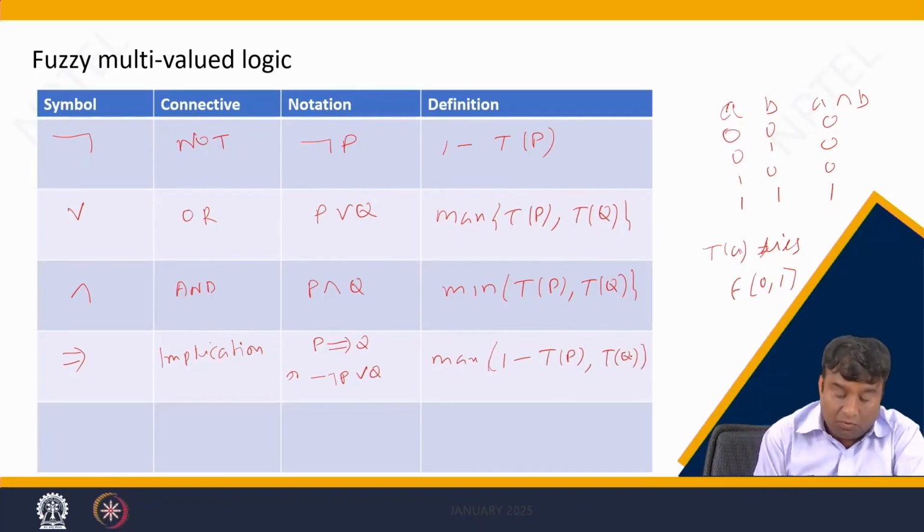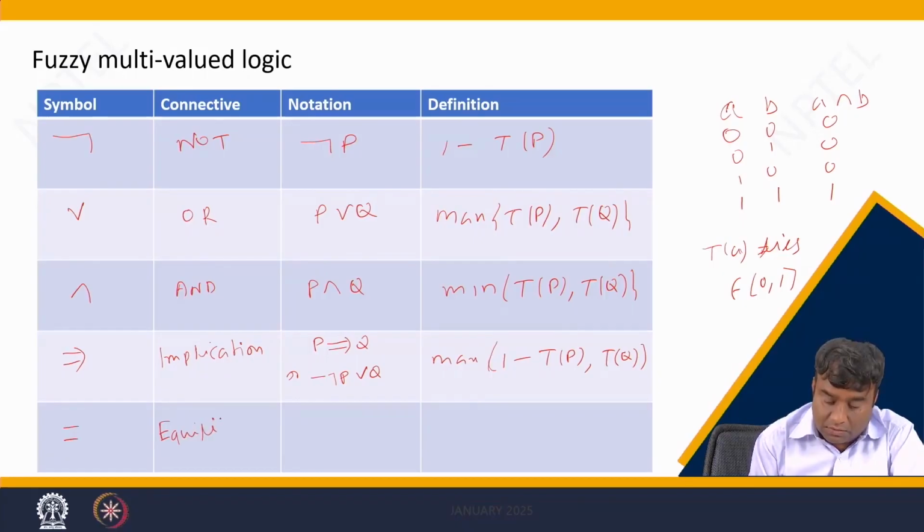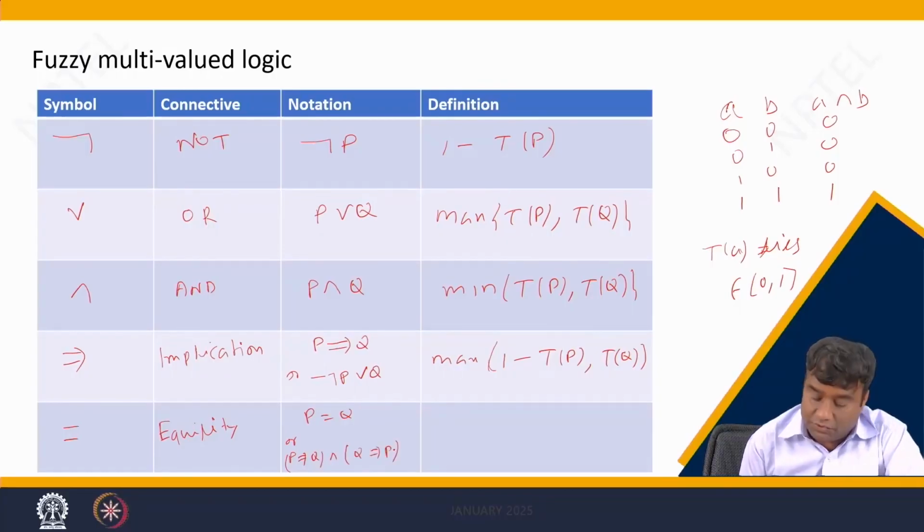Next is equal to, and the meaning is equality. So that is P equal to Q, or P imply Q and Q imply P. The definition is 1 minus the absolute value of TP minus TQ.